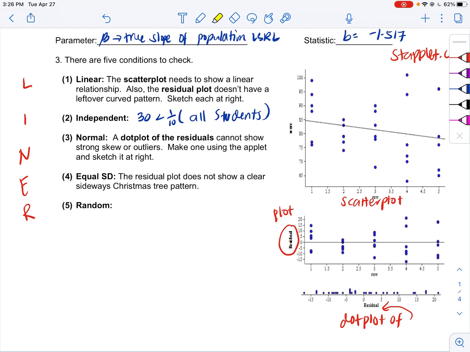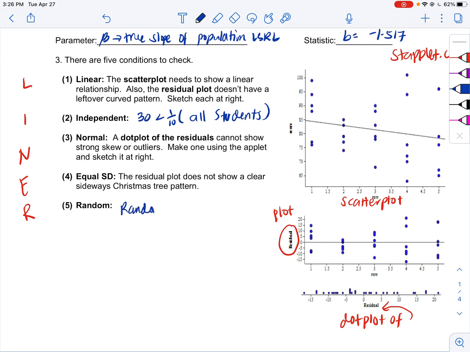What does it mean by Christmas tree pattern? It would look like a sideways Christmas tree like this, where the distance clearly increases from smaller to larger. If it shows that, then they do not have equal standard deviation.